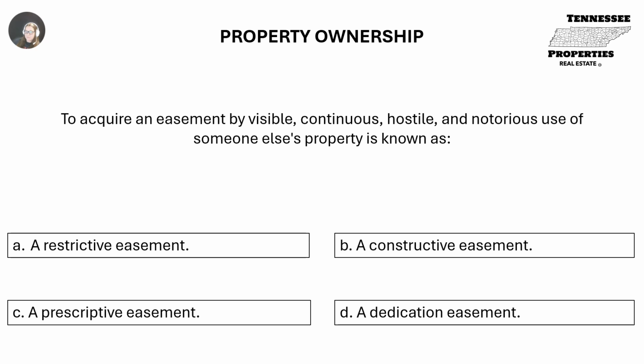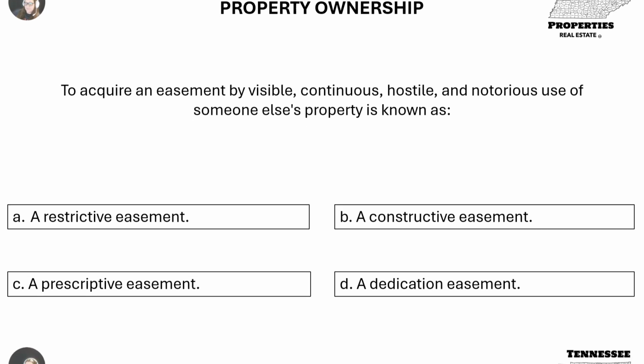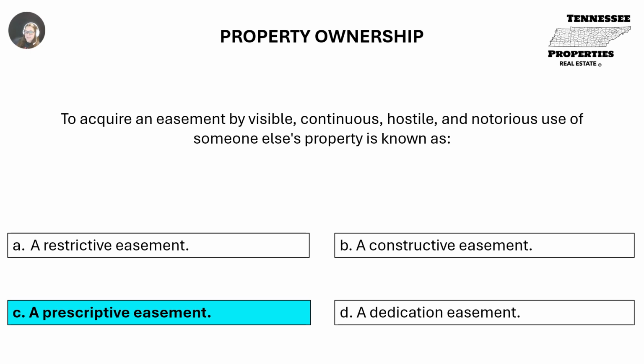To acquire an easement by visible, continuous, hostile, and notorious use of someone else's property is known as A, a restrictive easement, B, a constructive easement, C, a prescriptive easement, or D, a dedication easement. C, a prescriptive easement.